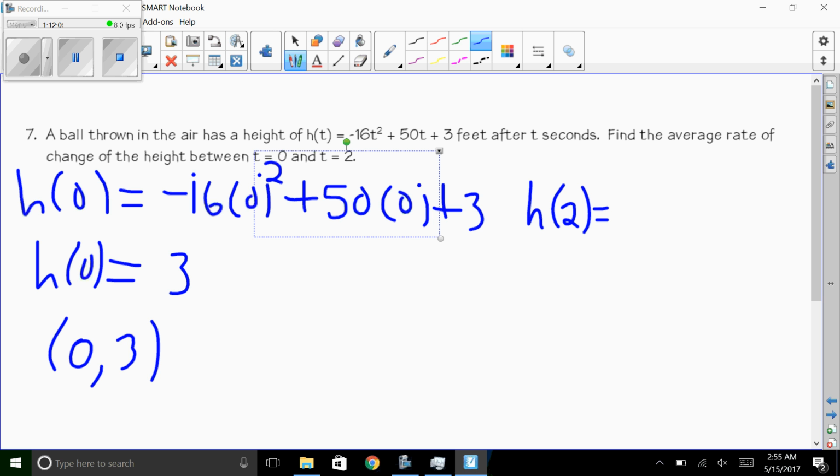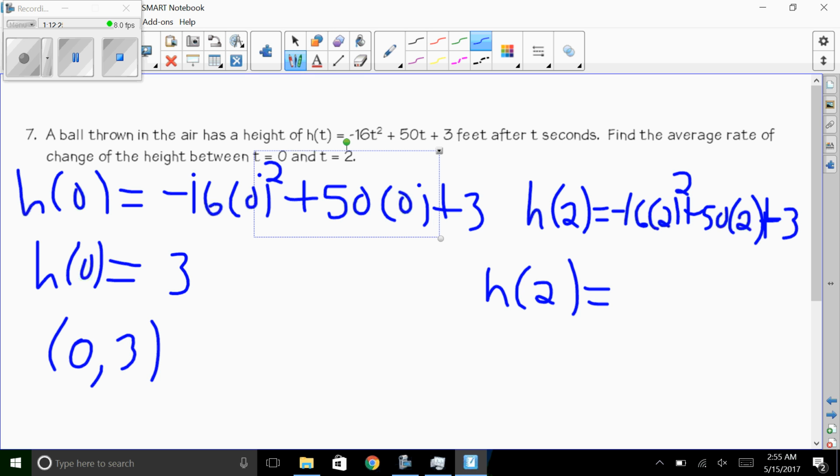Let's squeeze this in here. So h of 2 equals, plug all that in your calculator, that would give you 39.